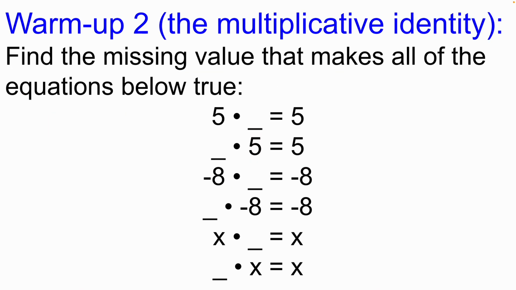Okay, now let's see if we can find the multiplicative identity. So find the missing value that makes all the equations below true. So again, pause the video and see if you can figure this out for yourself. What number is going to go in each one of those blanks?